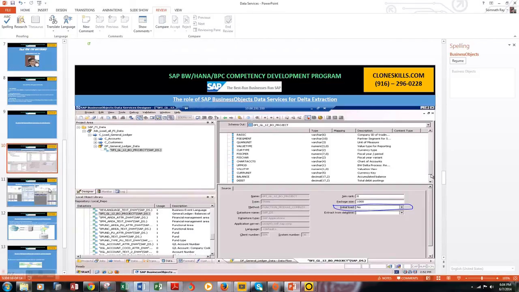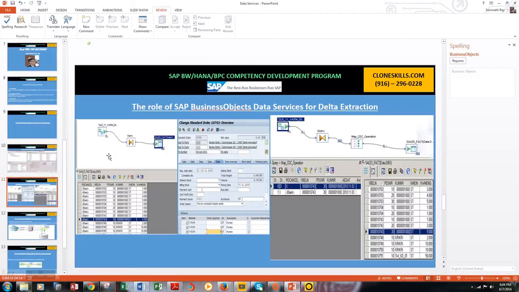So let's take an example of delta extraction in SAP Business Objects Data Services. We are looking at the sales order screen over here, on the left hand side.